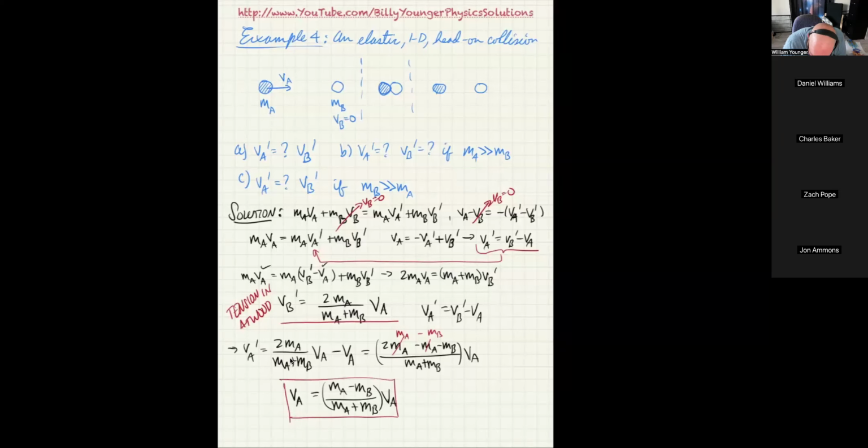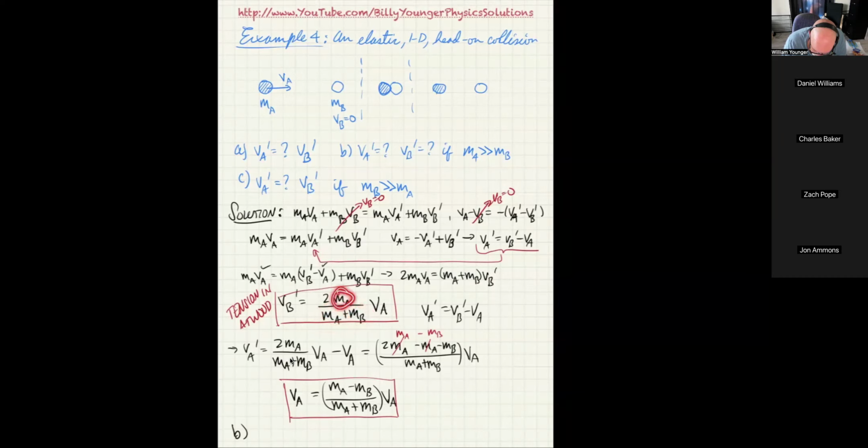Now, as far as part B and C go, I can do that kind of quickly. For part B, that's when we're saying MA is much, much greater than MB. With MA much greater than MB, the denominator here is just going to become MA.